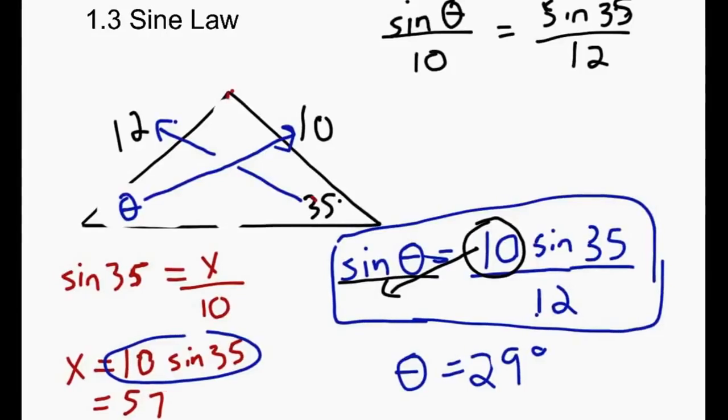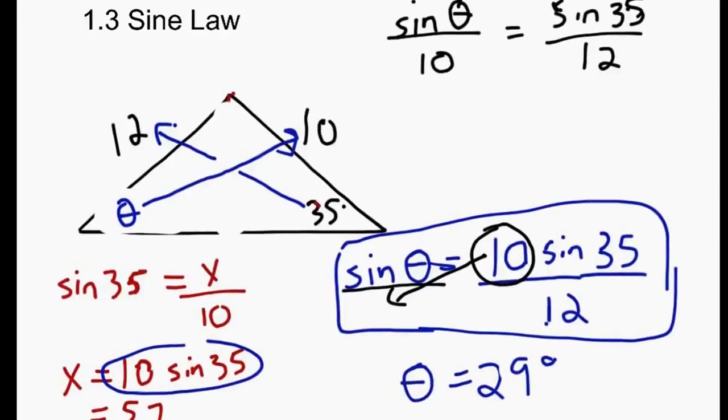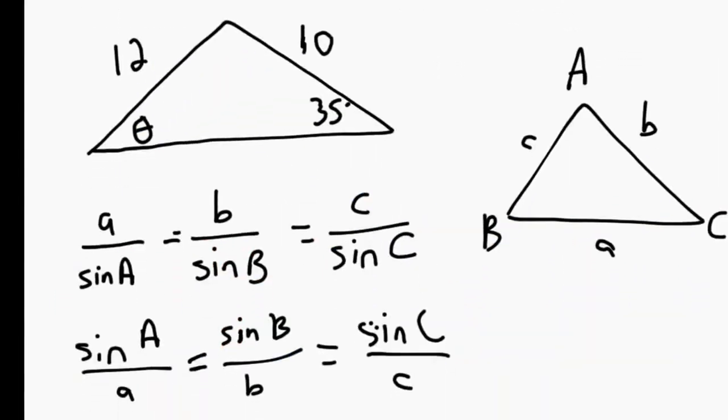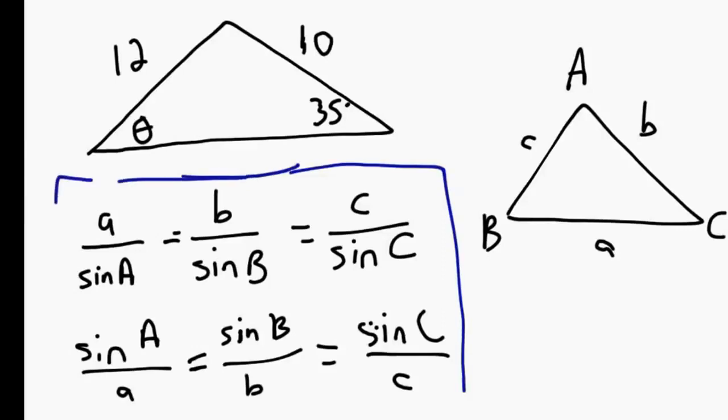Okay, so before we do some other examples, I just want to look at how the sine law works. So we'll go back. There's the same question we just did, and the sine law can be written in 2 different ways, and it doesn't matter which way you write it. When you look at it, it looks complicated, but I want to break it down for you here.